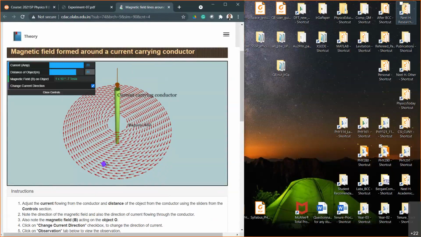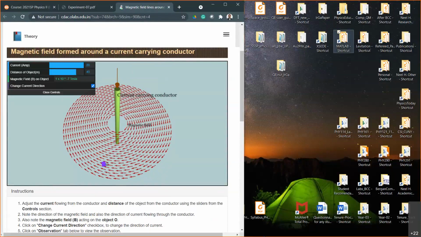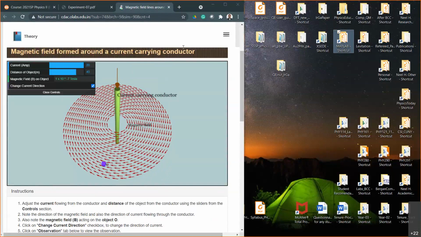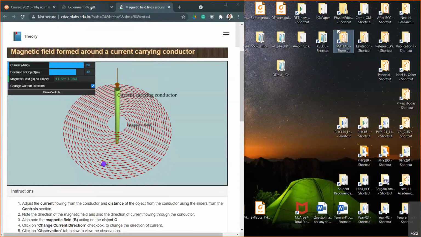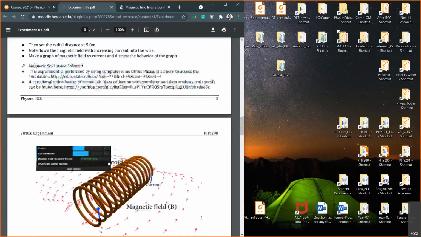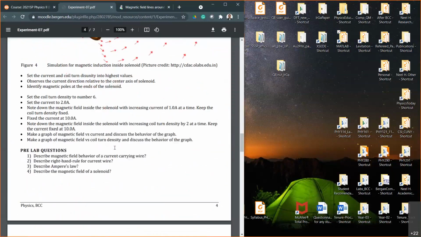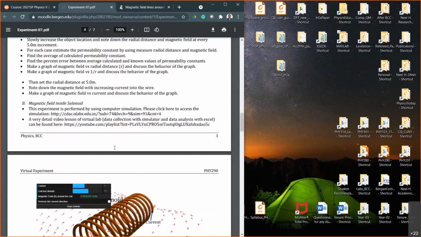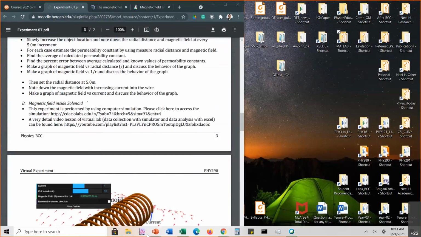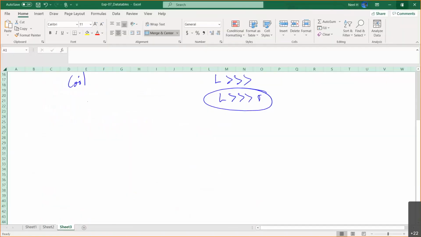This simulator is different, but in the same website. You can see the link on page number 3, magnetic field on solenoid. Just click on that and open the Excel page.